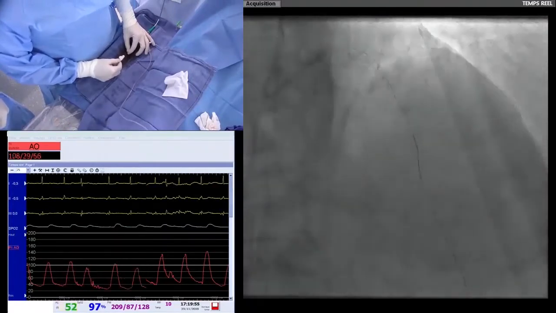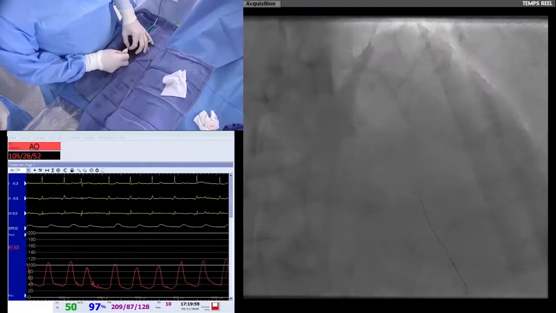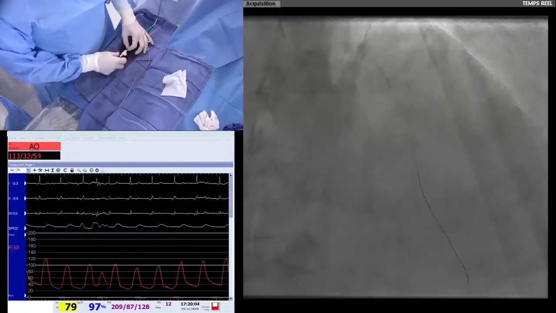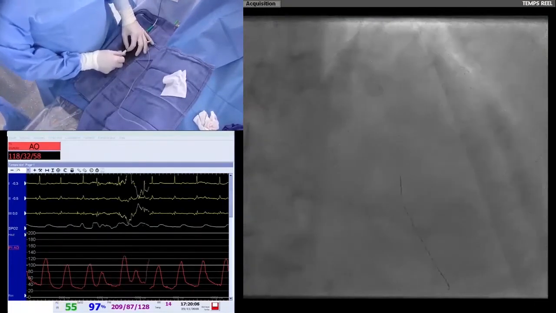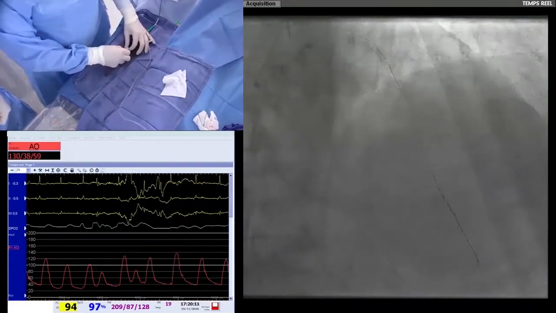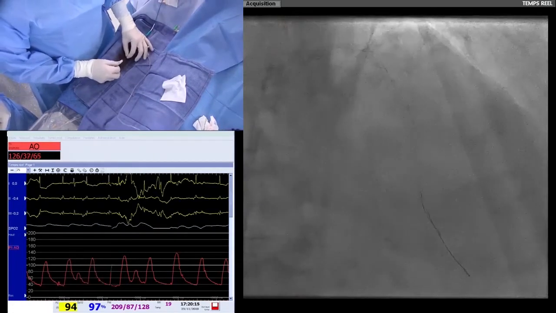I will try to place the wire distally in the LAD. I have to avoid any angulation inside the small branches, especially inside the small septal, because using a rotablator you can break the wire. So you have to avoid any loop of the distal part of the wire. I try to place it very distally.